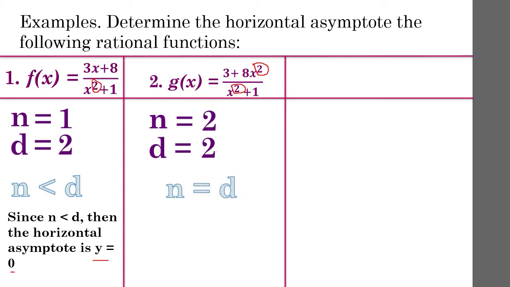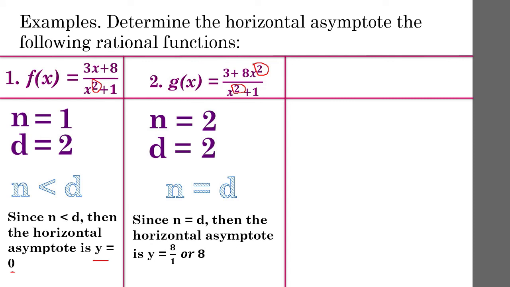Let us find the relationship between the degree of the numerator and the degree of the denominator. So in this case, n is equal to d, or the degree of the numerator is equal to the degree of the denominator. So since n is equal to d, then the horizontal asymptote is equal to y equals 8 over 1, or 8.